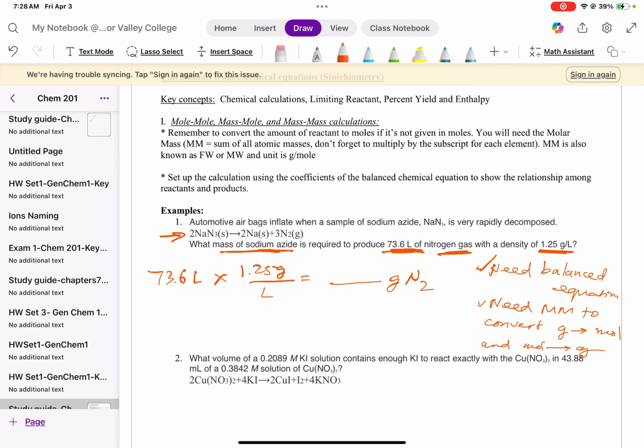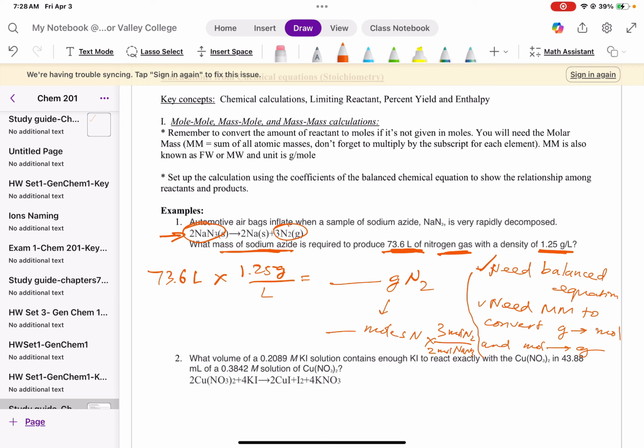From the grams of nitrogen gas, we can convert to moles of nitrogen, and then we can do the ratio of 3 moles of nitrogen for every 2 moles of sodium azide, which is NaN3. And then we go from there.